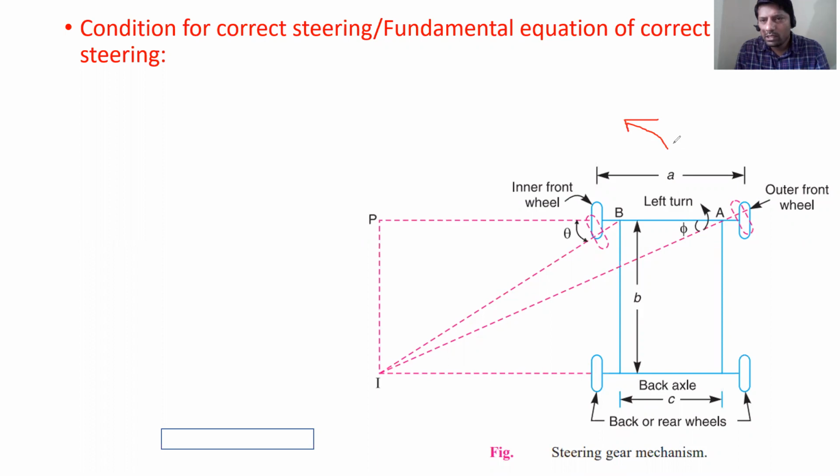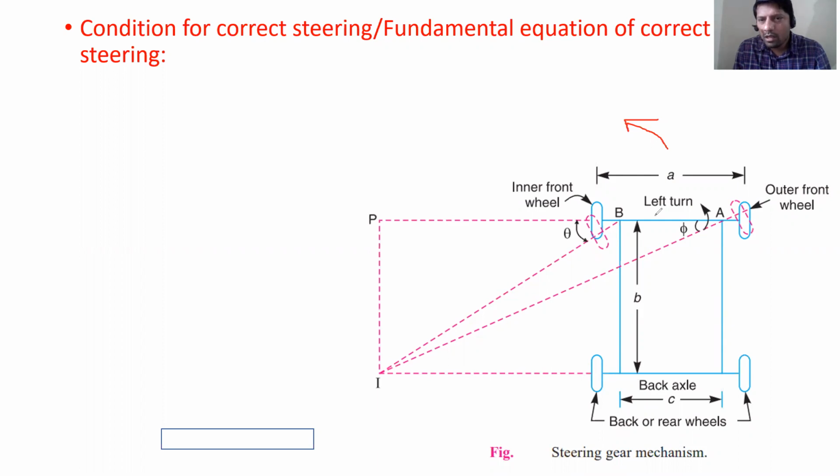If you are taking a left turn, the left front wheel will be your inner front wheel, and the right front wheel will be your outer front wheel. I have already told you the back axles are fixed. They do not turn about pivot points; they are fixed with respect to the chassis.